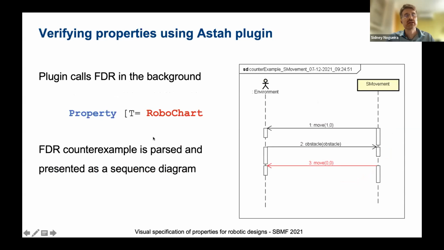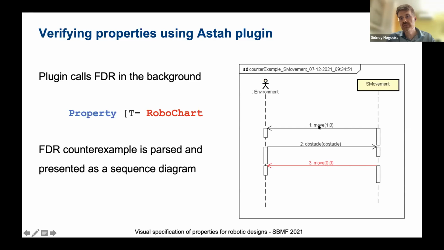And if there is some counterexample, what the plugin does is yield a sequence diagram that shows where the model has a different trace, a counterexample.